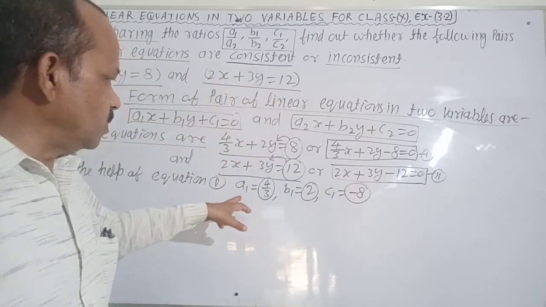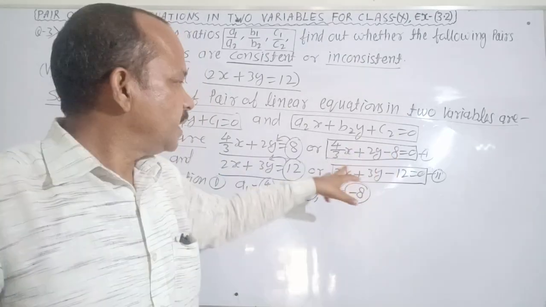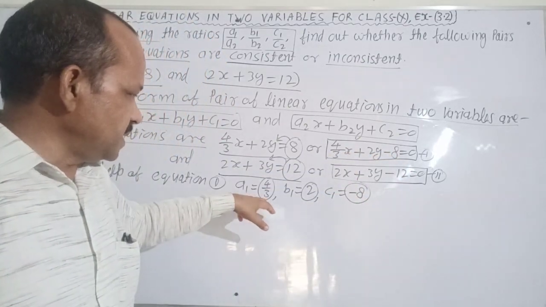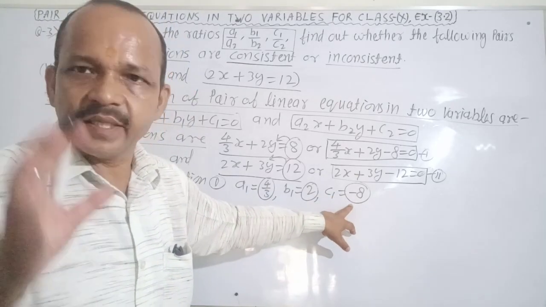You find the values of a1, b1, c1 by the help of the first equation. a1 is 4 by 3, b1 is 2 and c1 is minus 8. Clear?